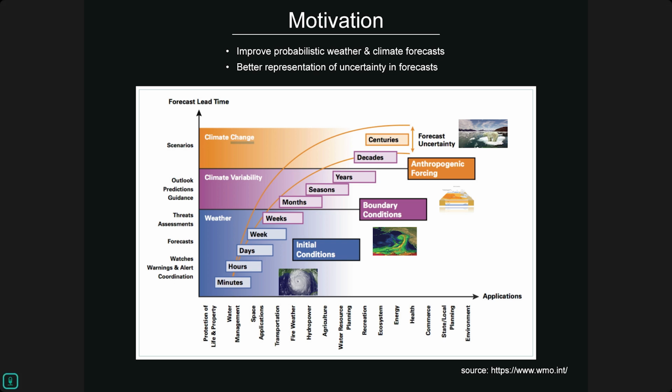And there are different things that go into quantifying uncertainty. And on the x-axis here is the applications of information, right? So on the short time scales, you're talking about saving lives and property, and that uses information about warnings, watches, alerts, coordination. Going out further into subseasonal time scale, you have applications in water resource management, hydropower, agriculture.